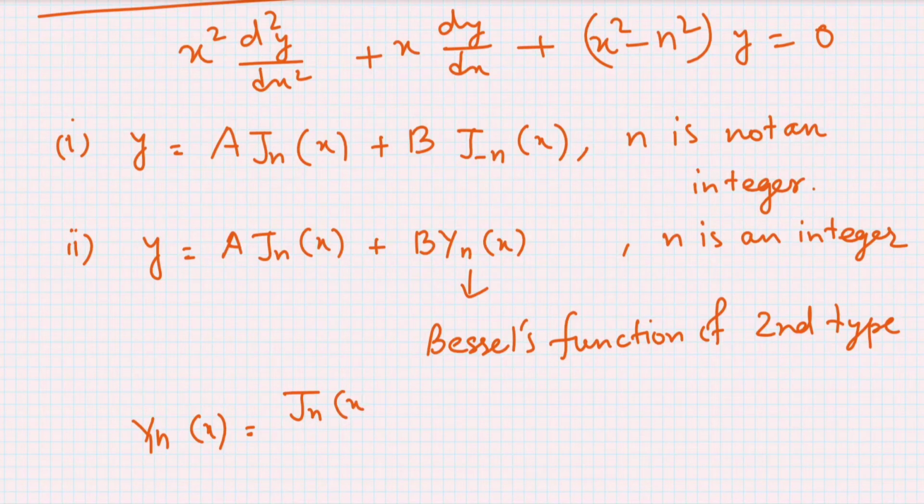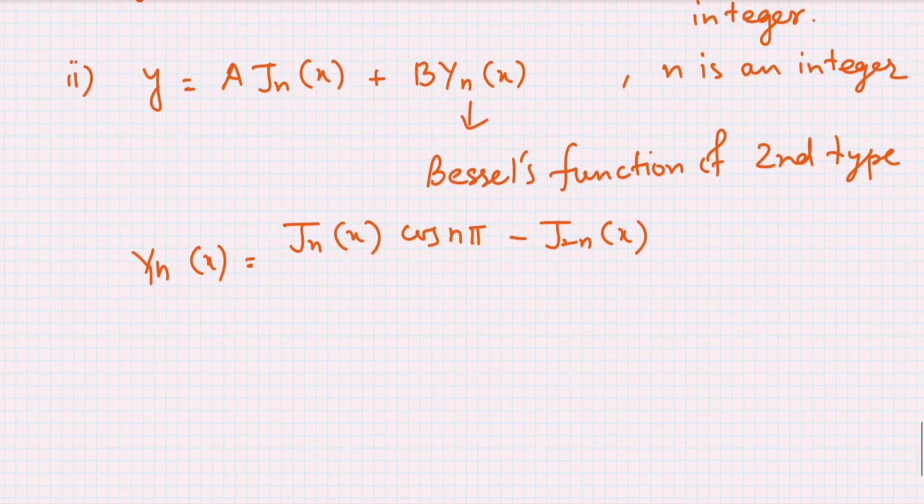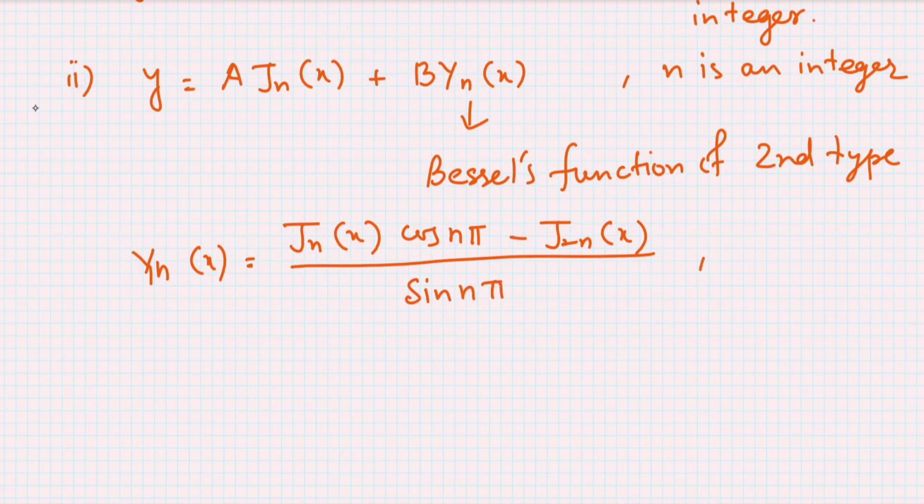So J n x into cos n pi minus J of minus n x, divided by sine n pi. This is known as, where n is not an integer.